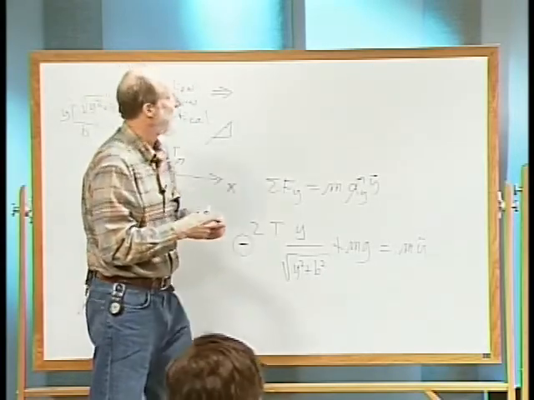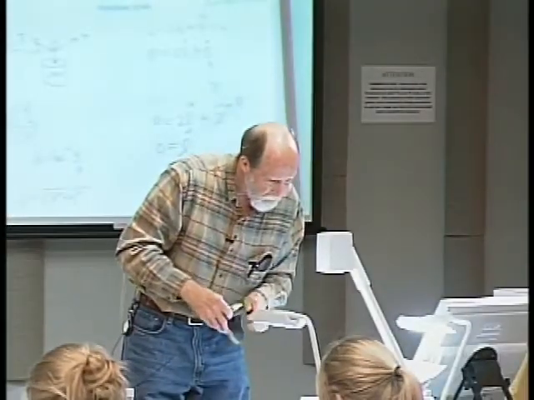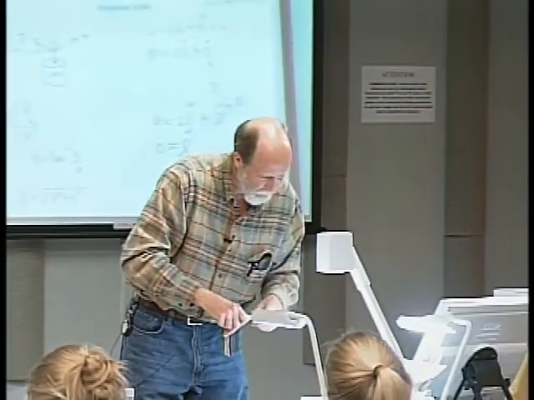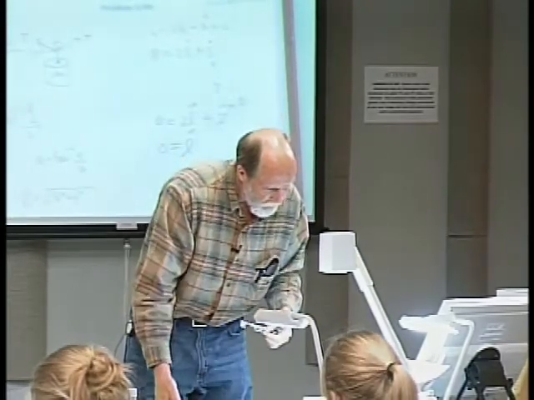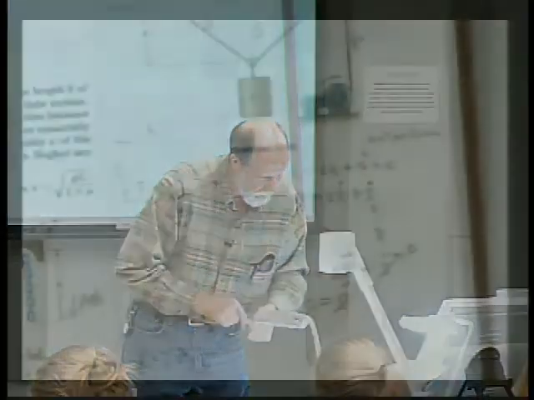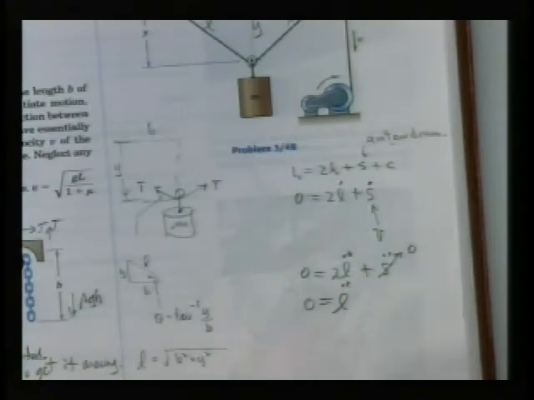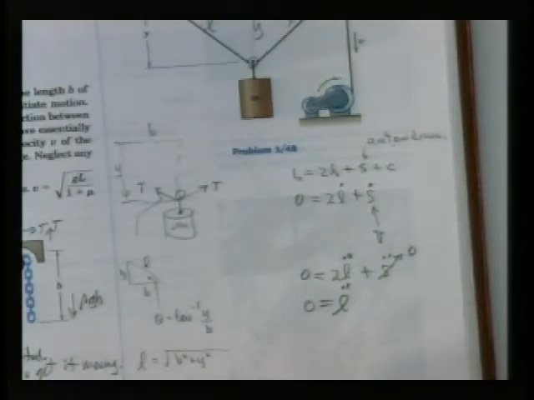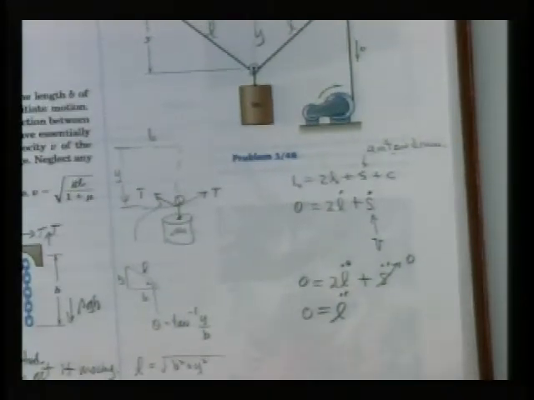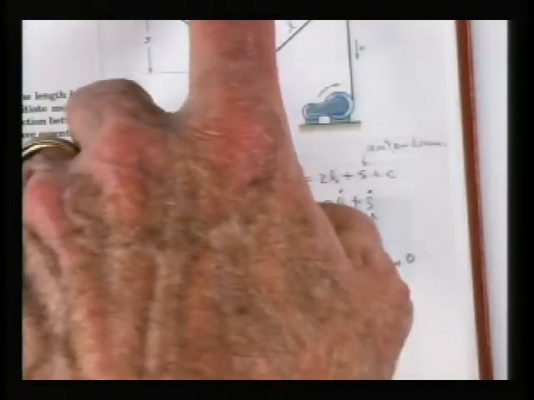And we're supposed to write the result in terms of what? We're supposed to determine the tension in the cable in terms of the y-coordinate of the cylinder and the given downward velocity v.